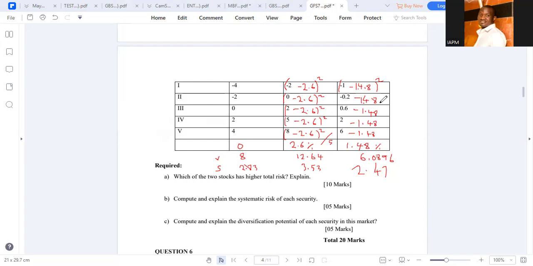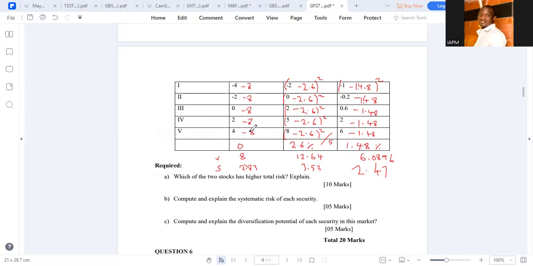So we multiply these two. What did we get here? Each of them against the market, right? So here we're subtracting 8, minus 8, minus 8, minus 8.